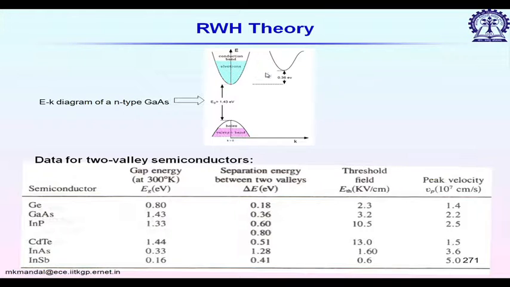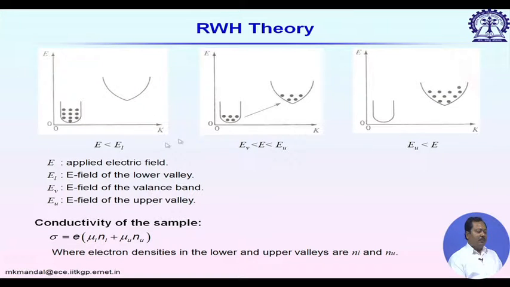Now, what will happen? We have some electrons inside the first band and some inside the second band. Let me show you the next plot. When the electric field is less than this E_L, where E_L is the electric field of the lower valley, mostly the electrons are in the first conduction band.